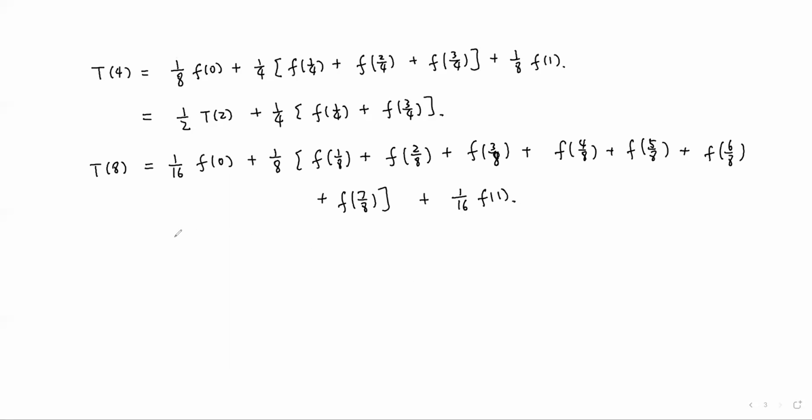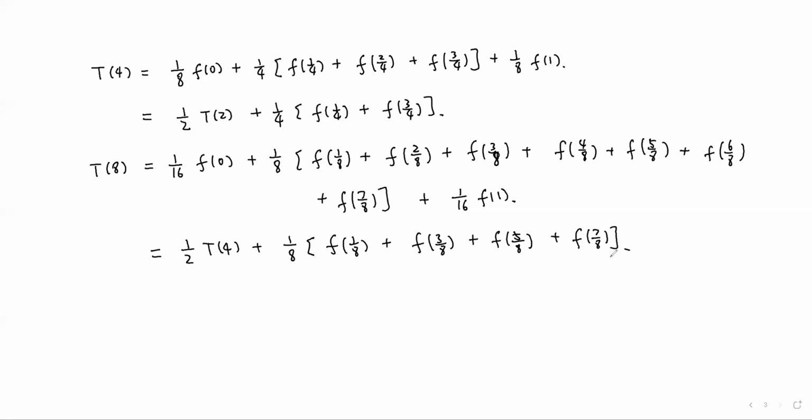Again, to save some work, we can use the result of T of 4. So we can write this as 1/2 T4 plus 1/8 times f(1/8), f(3/8), f(5/8) and f(7/8).